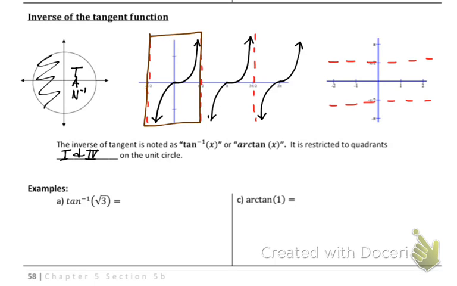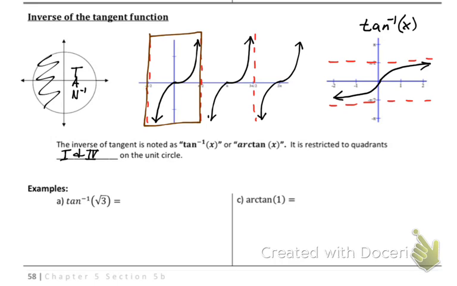So tan inverse is actually still going to be going up. So that's kind of how I remember it, so I'm not doing this weird hand motion on the test. I just know that because tangent's going up, tangent inverse will also go up.